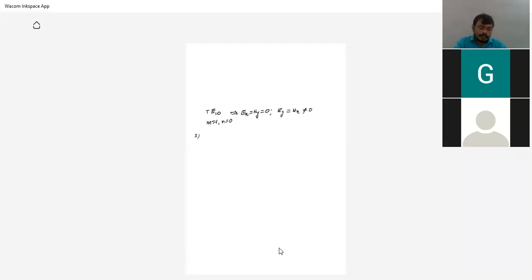In the same manner for TE01, m is equal to 0, n is equal to 1. In this case, Ey and Hx are equal to 0, and Ex and Hy are not equal to 0.